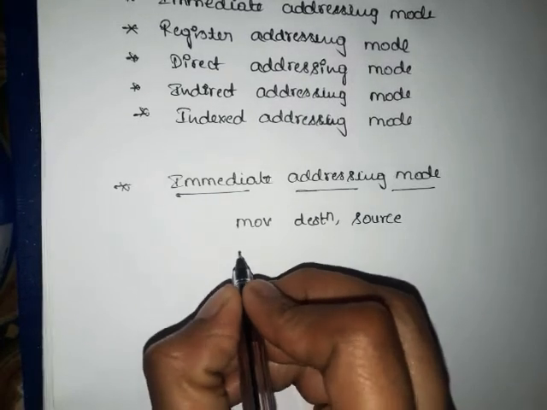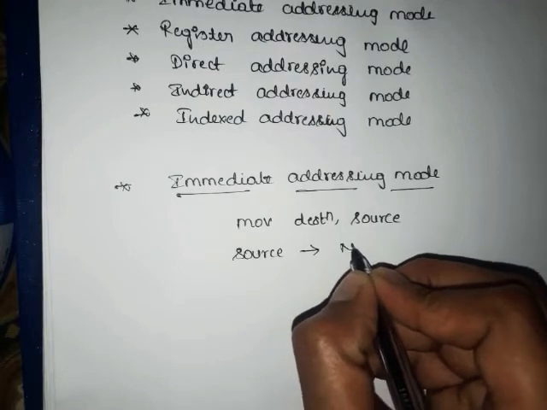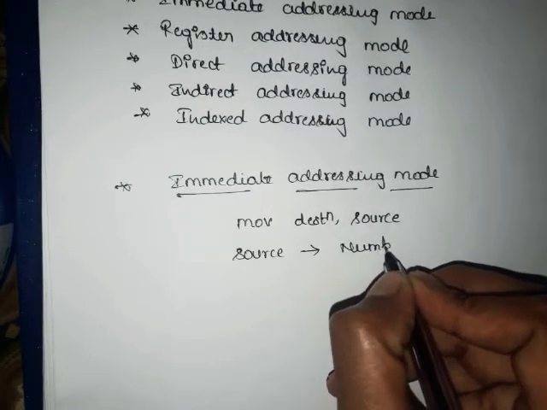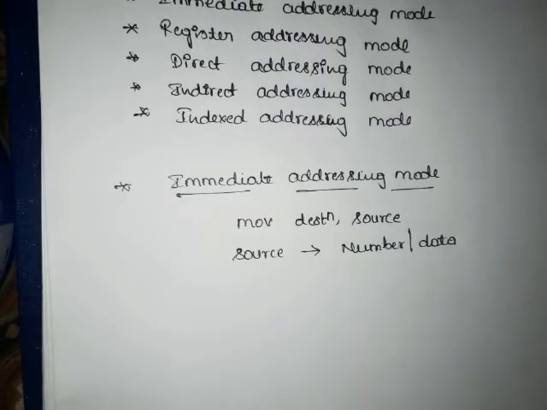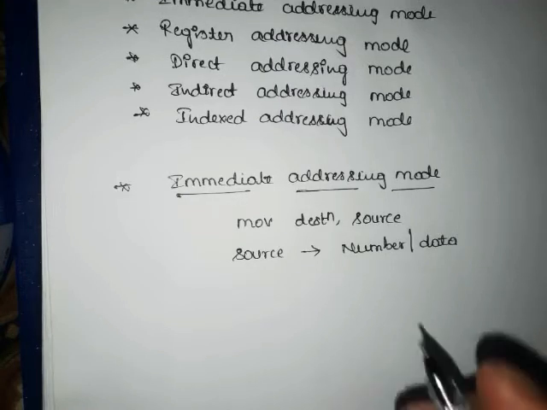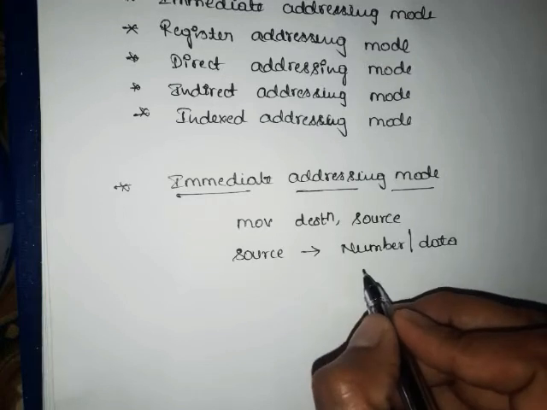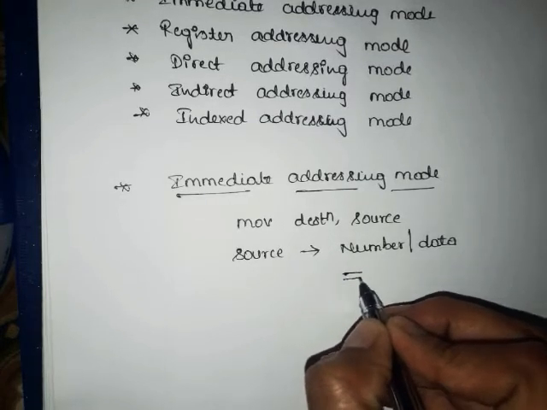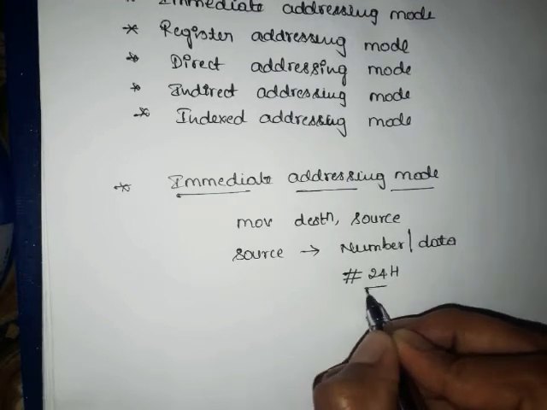Here source is a number, that means the data. Whenever we are going to give data which will be a part of the instruction, we need to specify that with hash symbol, like for example hash 24h.